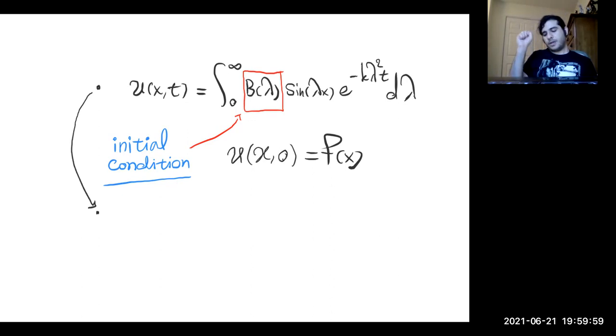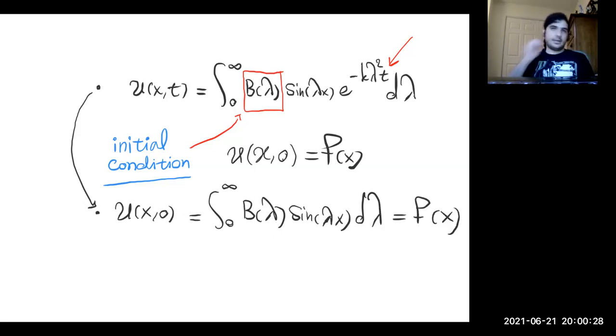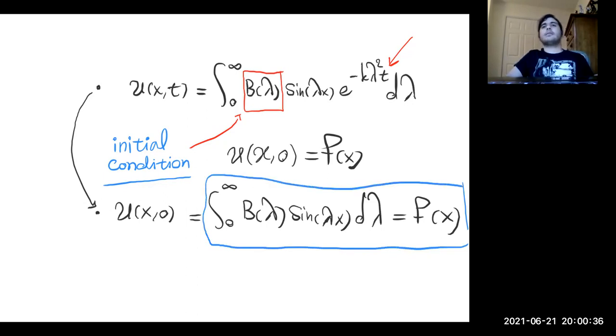It means we should let t be 0. We take the variable t to be 0. So we have the integral from 0 to infinity of b lambda sine of lambda x, e to the 0, which is equal to 1, d lambda. On the other hand, it's supposed to be equal to f of x. For any positive x, we want to have this equality.